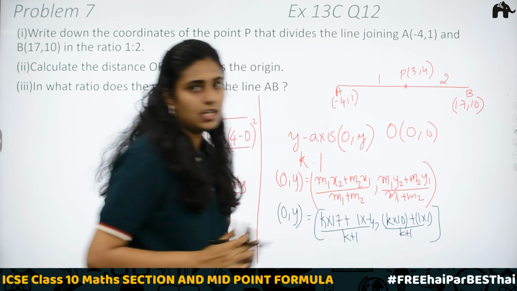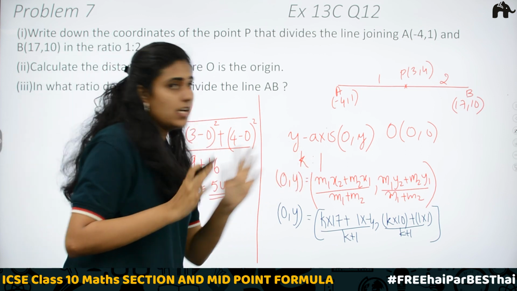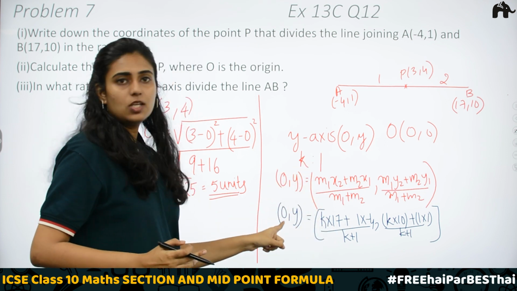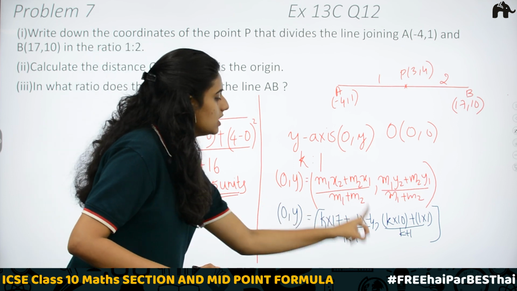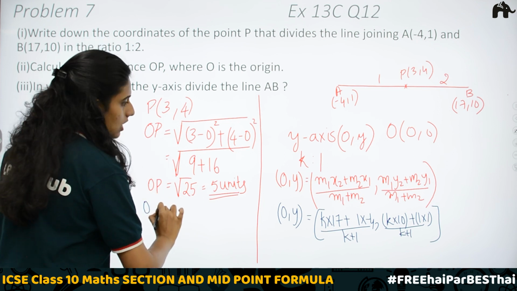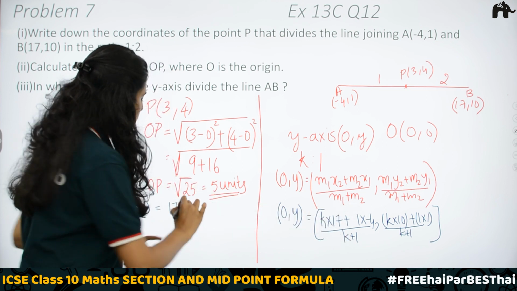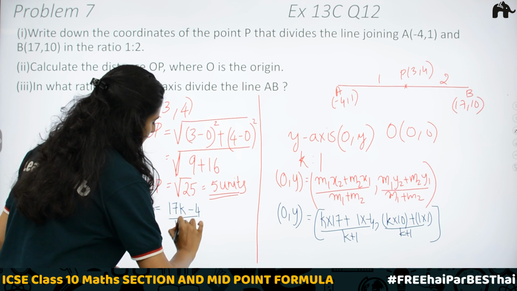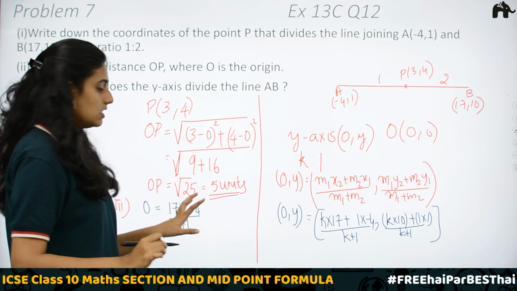Here we need to find the ratio. We need to find the ratio, which means we know k is to 1 is the ratio. We need the value of k. To find k, this 0 is going to help us. We don't know the value of y. So, 0 is equal to this part, which will help us to find the value of k. 0 is equal to 17k minus 4, 1 into minus 4 is minus 4, divided by k plus 1. Taking k plus 1 to the opposite side, 0 into k plus 1 is 0.